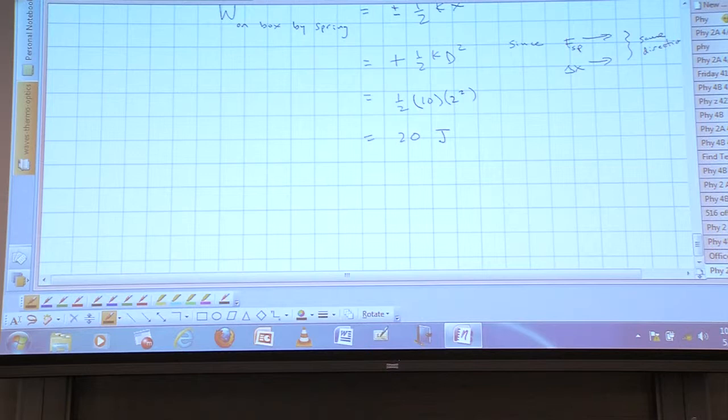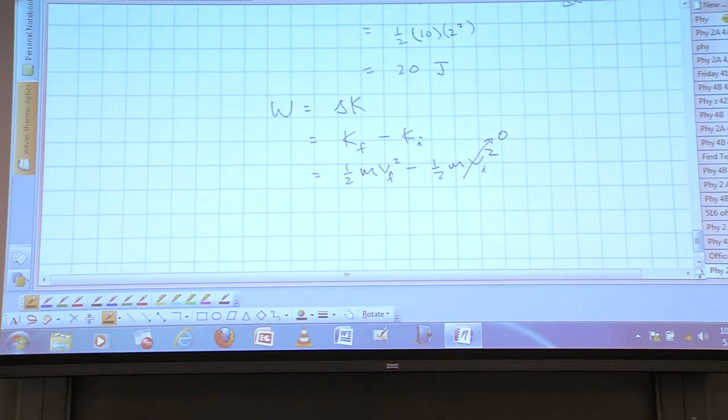And we know that work is equal to change in kinetic energy. So that's going to be the final kinetic energy minus the initial kinetic energy. 1/2 mv final squared minus 1/2 mv initial squared. And it started from rest, so v initial was 0. So the work has to equal 1/2 mv final squared.